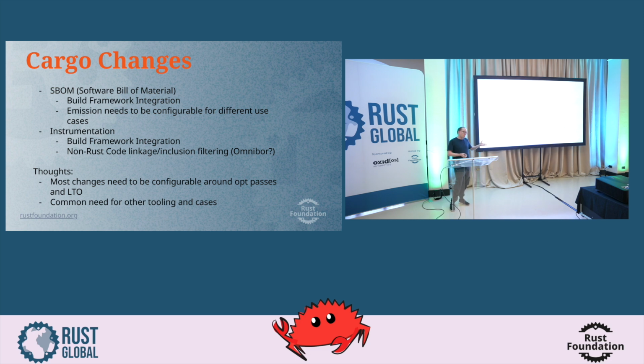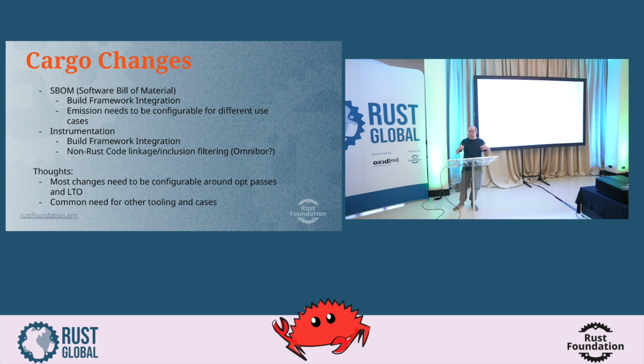You don't actually emit what's in the final binary unless you're doing this post-LTO. That is what OmniBOR from CISA is trying to solve. What does that picture actually look like in the real world? And that's something we should be thinking about when it comes to the SBOMs currently being discussed within the Cargo and compiler teams.